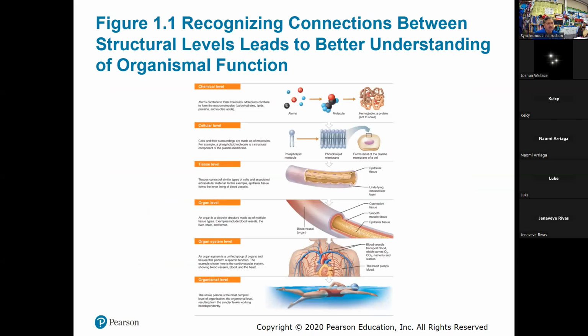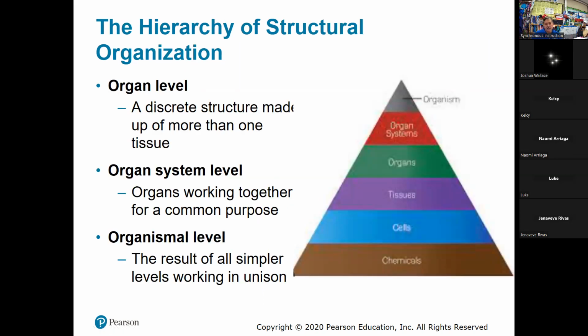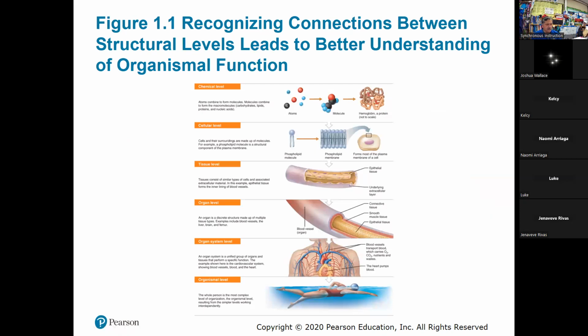Here's just a graphic that shows you the relationship between the different structural levels, and you can see it goes from the top down instead of from the bottom up, that we saw in the pyramid. Because that's the case, sometimes you see this represented in textbooks as an upside down triangle, which would match this very nicely.